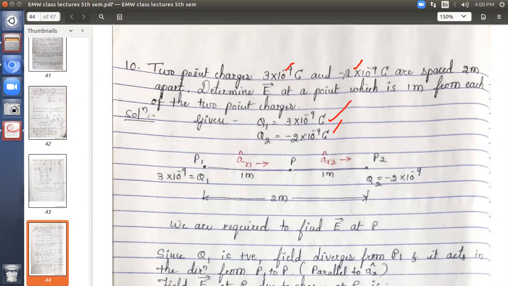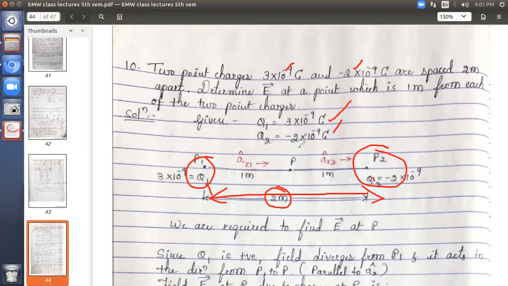Two charges are there and they are spaced 2 meters apart. So let me take one point, say P1, the other point P2, and Q1 and Q2 are placed at points P1 and P2. The spacing between Q1 and Q2 is 2 meters, it is given already. Now, where to find the electric field intensity?